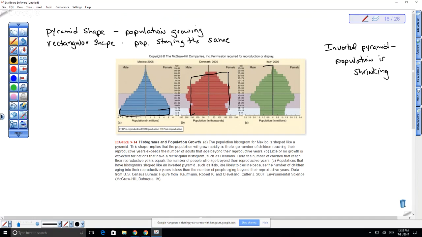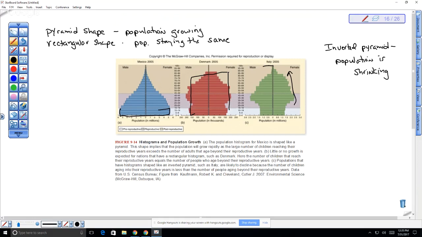There is some concern that when these individuals get into their older years, there's not going to be enough people in the population to support them economically and maybe even physically, like taking care of them.